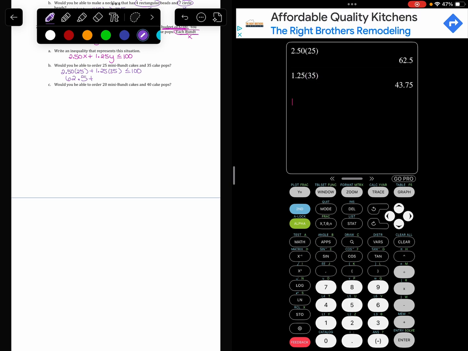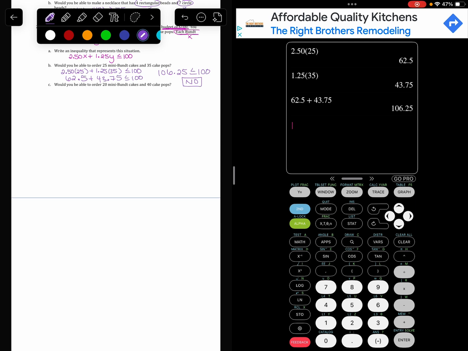And then we've got 1.25 times 35. And that is 43.75. And that better be less than or equal to 100. So we're going to do 62.5 plus 43.75, and that is 106.25 is less than or equal to 100. Is that true? It is not, so I cannot buy that.